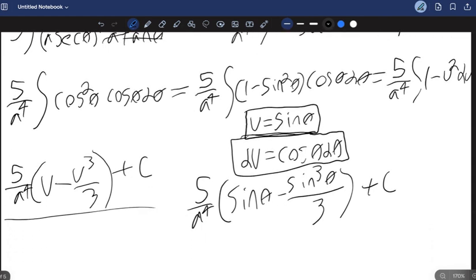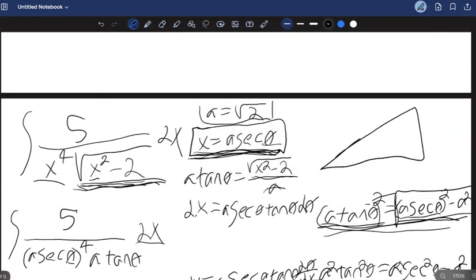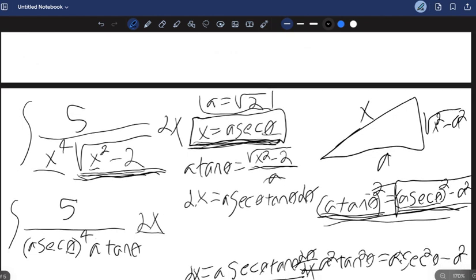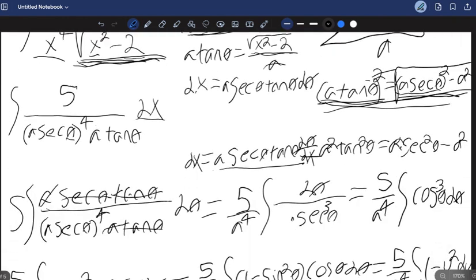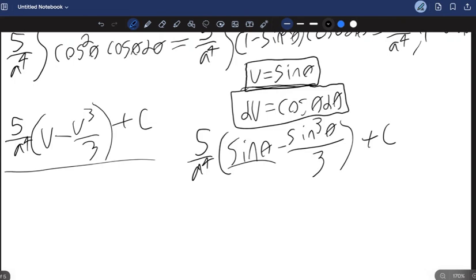When we get to here, if we have a trig function that we didn't already define, we'll want this triangle to define it. So what would sine be from this triangle? Square root of x squared minus 2 over x. Yep. And again, we defined a as square root 2. So we're going to be using that here.